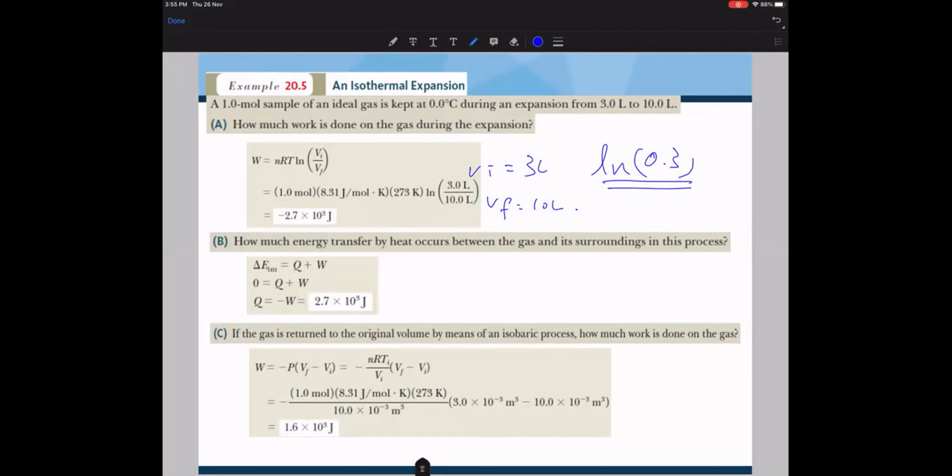And in this case, you get the work done on the system, which is negative. As you will see, the work done on the system is negative, meaning that the surrounding actually is receiving energy because the gas is expanding.